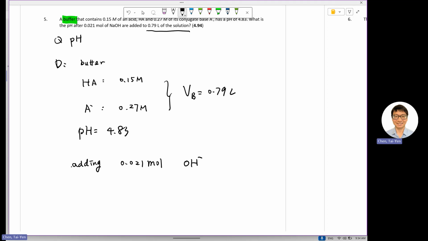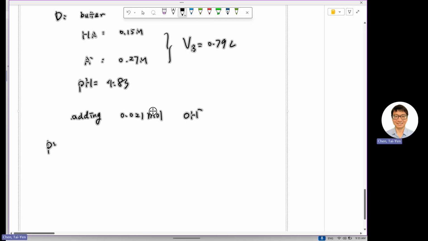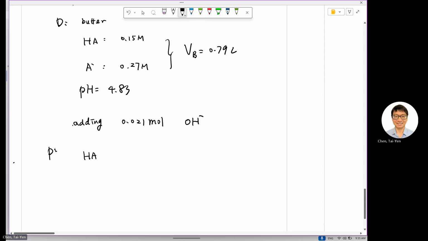This is similar to what we described, where you titrate a weak acid solution with a strong base. So the equation that can help us think is HA plus OH minus gives H2O plus A minus. That's the equation that you use.